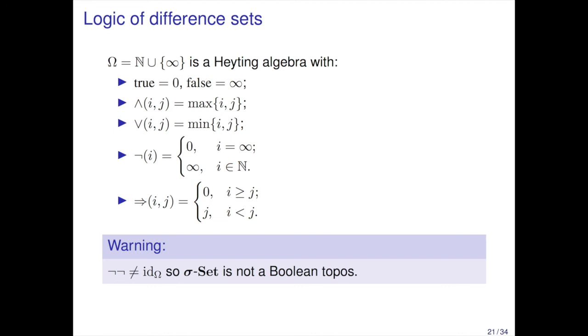Not of i is 0 if i is infinity, and infinity if i is a natural number. Then you have this implication here. A word of warning is that the double negation is not identity. So this is not a Boolean topos, and it may be tricky to prove things. You're only allowed to use intuitionistic reasoning, and you can't do the kinds of proofs that we love and use on a regular basis.